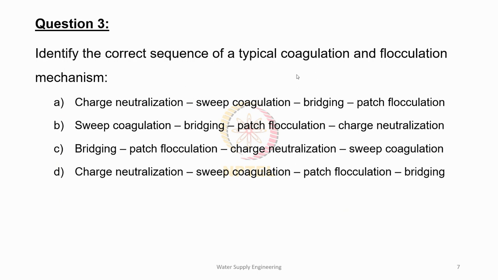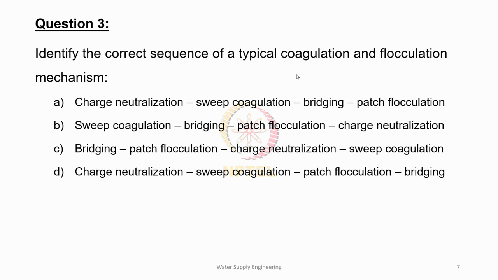Now, coming to question number 3. Identify the correct sequence of a typical coagulation and flocculation mechanism. Option A, charge neutralization, sweep coagulation, bridging, patch flocculation. Option B, sweep coagulation, bridging, patch flocculation, charge neutralization.